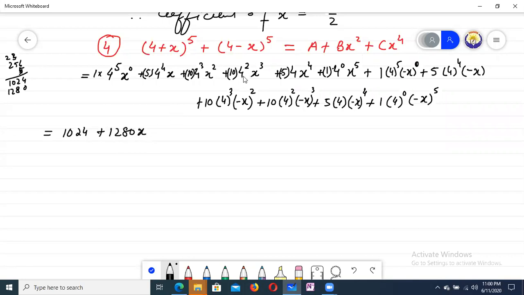Then in the third one, 4 square 16, 16 into 10 is 160 x cube.